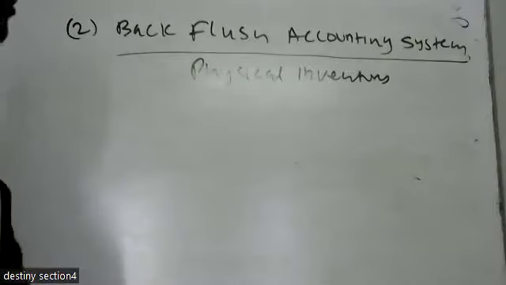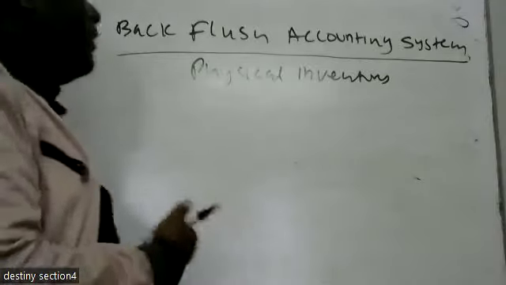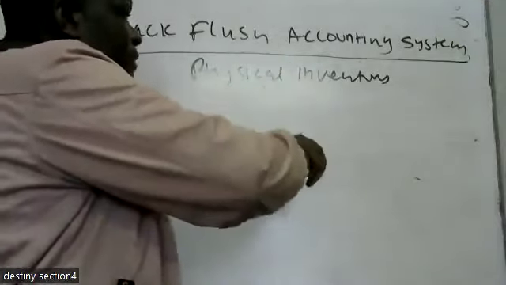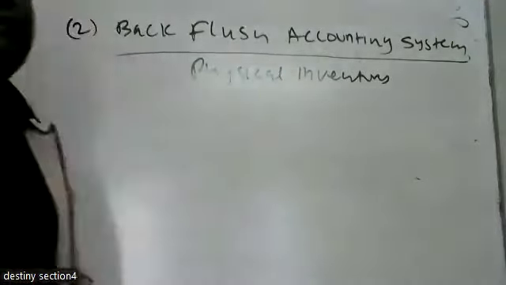So that's how they go about it, so that they verify what they have. That is what you will be referring to as the physical inventory system or periodic inventory system.